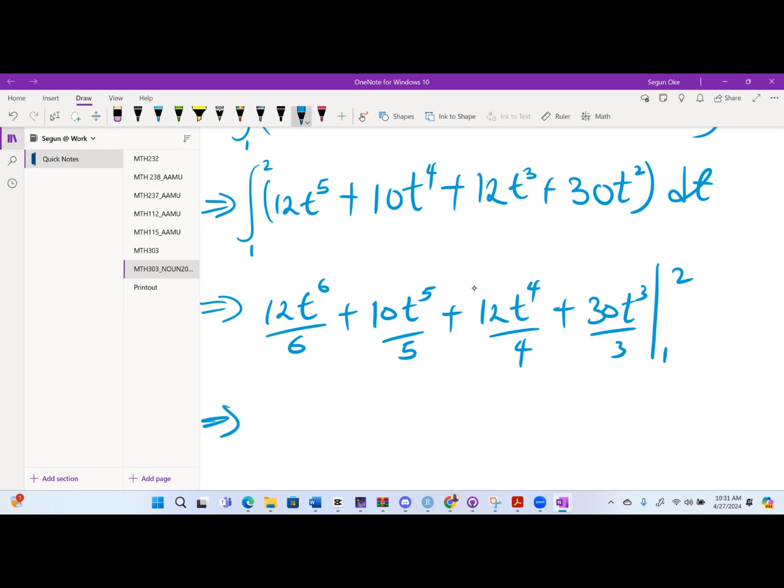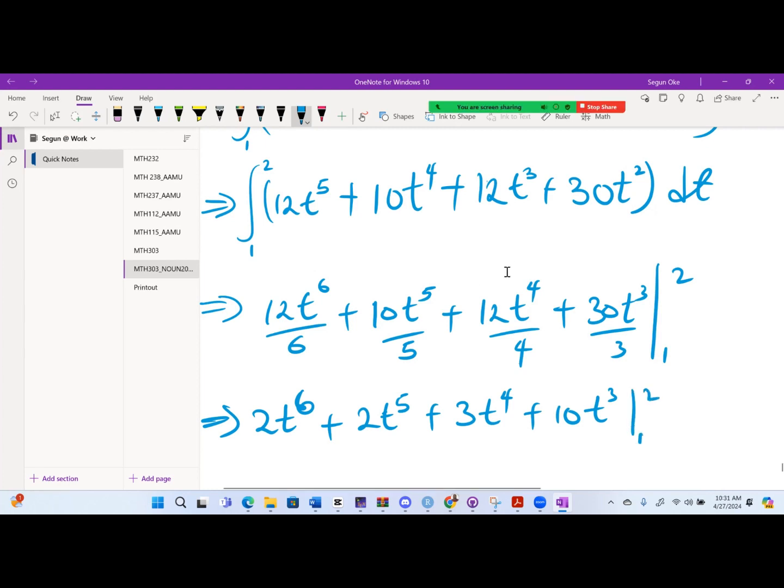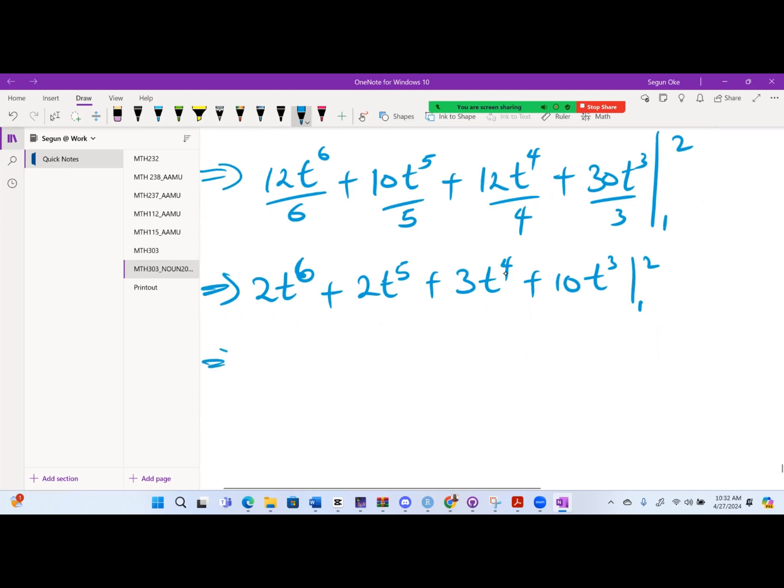6 here is 2t raised to power 6 plus 2t raised to power 5 plus 3t raised to power 4 plus 10t raised to power 3. 1 to 2. So you can see it brings those values down.